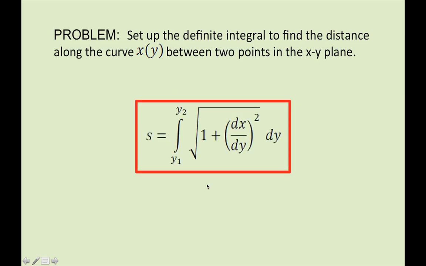You should have set up the following integral, integrating from y1 to y2, the square root of 1 plus dx dy squared times dy. Let's try another one, but let's use 2D polar coordinates.